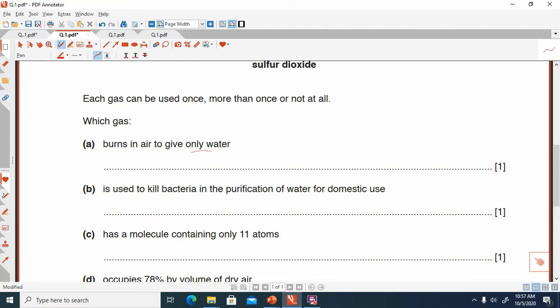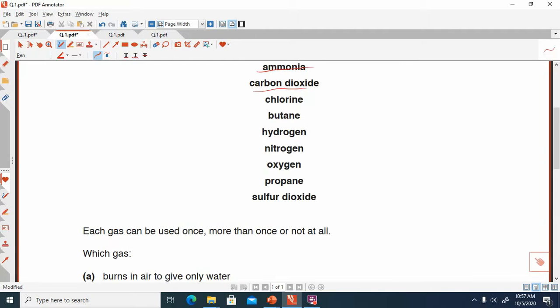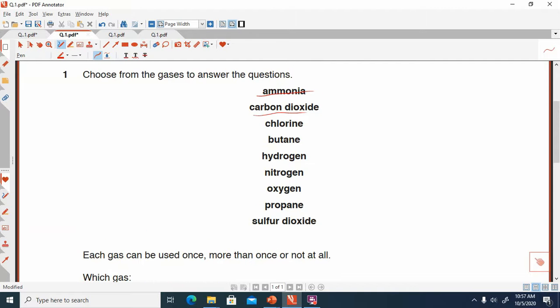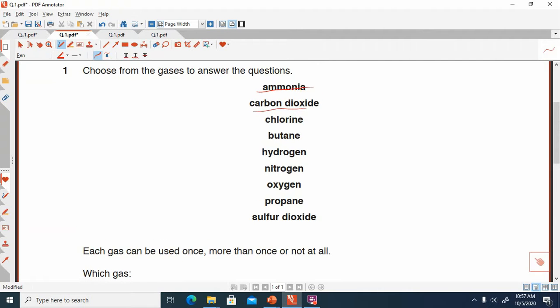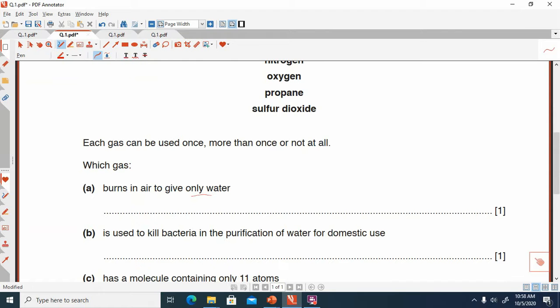Now you can go to the table of these words and see which one will burn in the air and give water. In air, as you know, oxygen is present, so what will produce water?